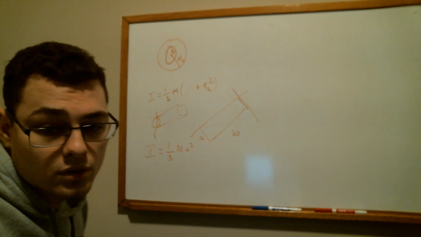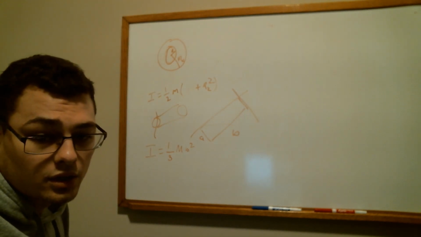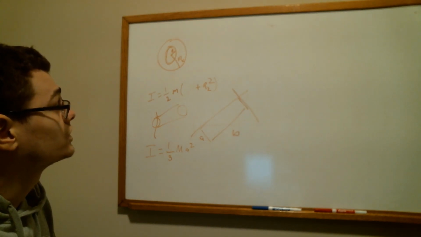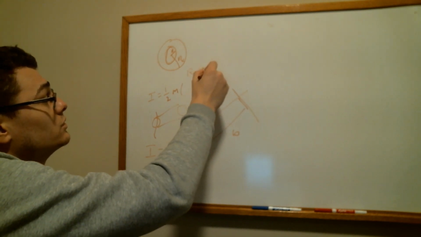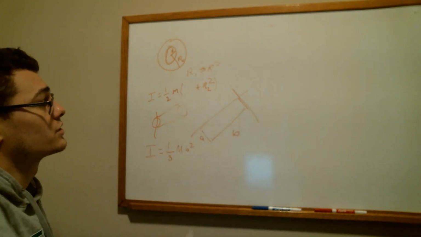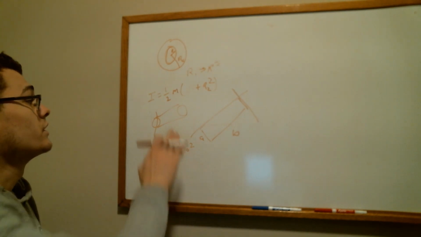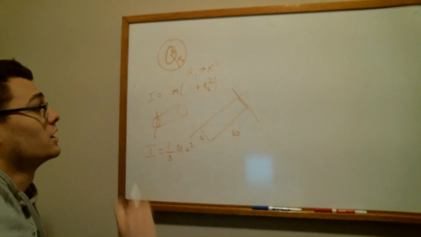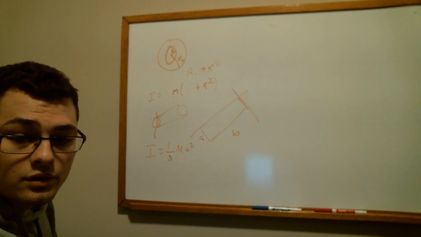And for a thin-walled hollow cylinder, we can do the opposite: when R1 goes to R2, you're just going to have 2 R2 here, which gets rid of this factor of 2 out front, and you're left with m r squared of the cylinder.